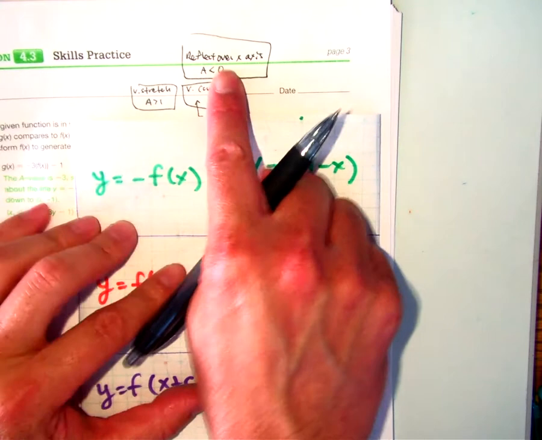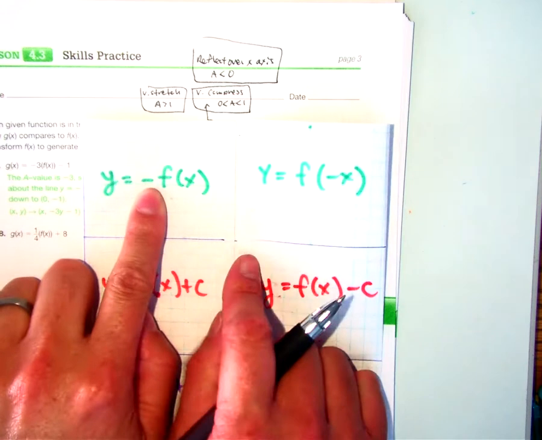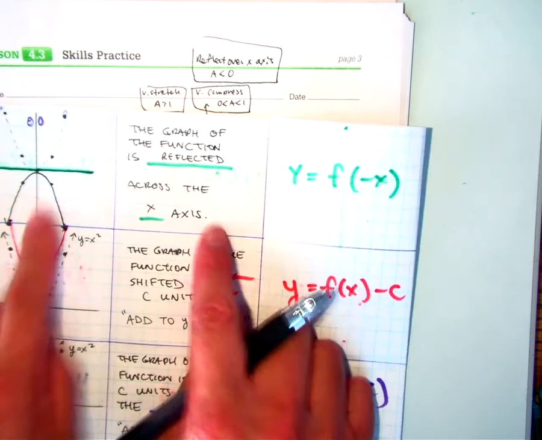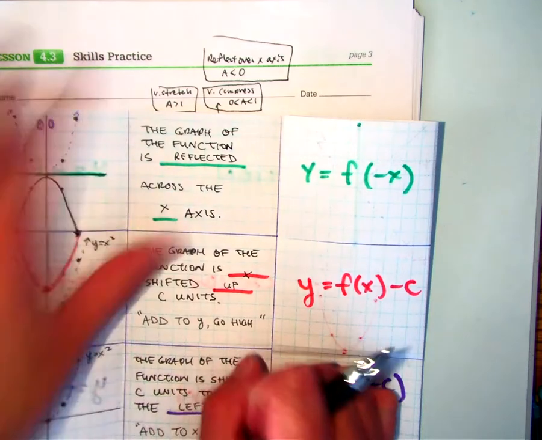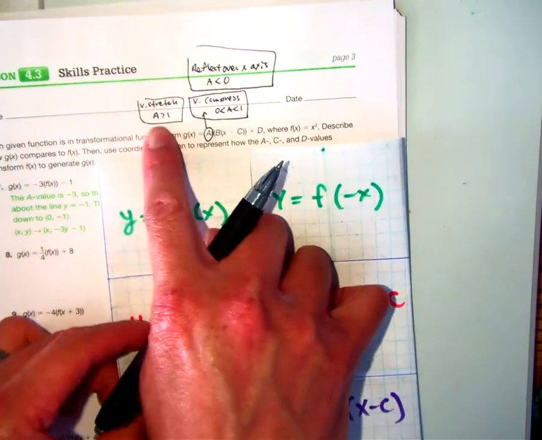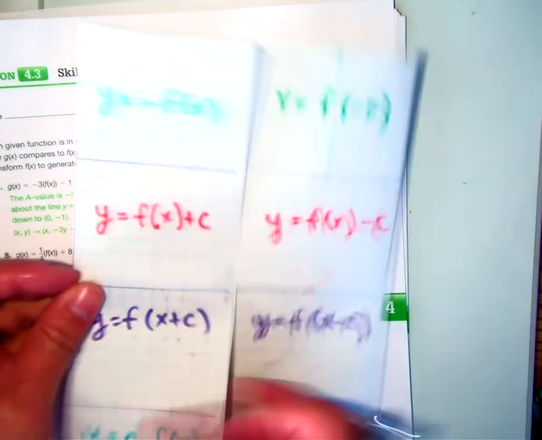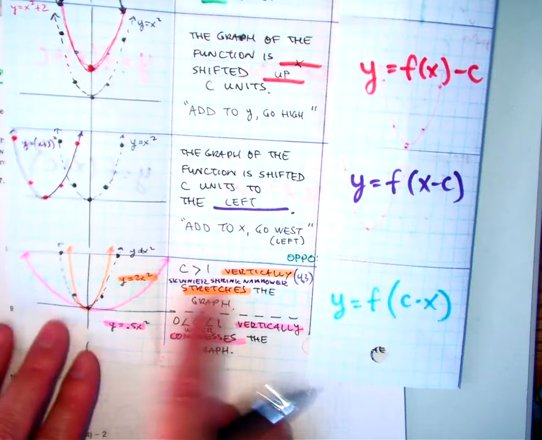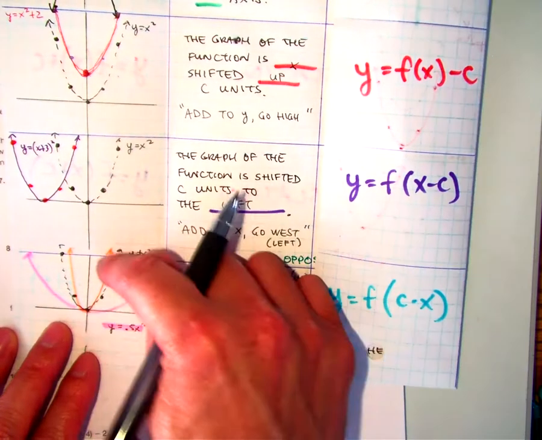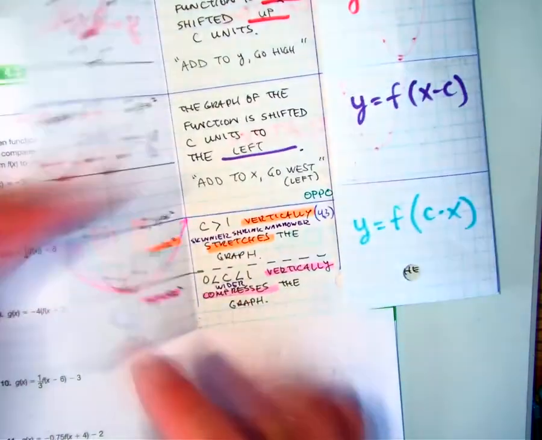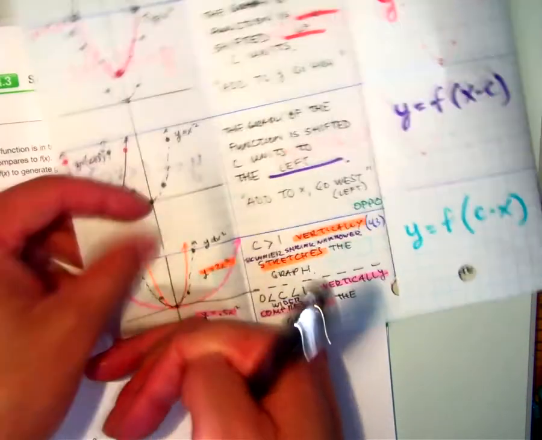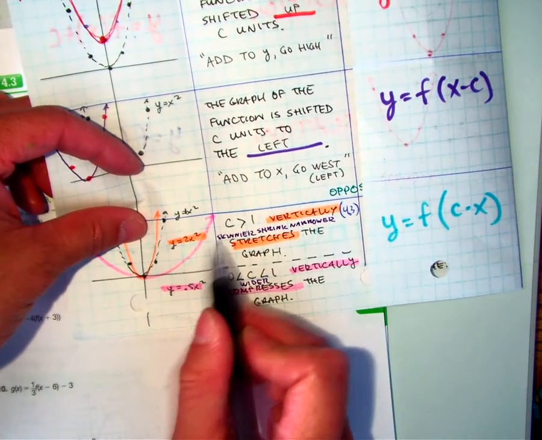So reflecting it over the x-axis, if there's a negative in front, your parent function to your new function, reflected over the x-axis. And if a is greater than 1, it's a stretch. It's being stretched up vertically. And if it's a value between 0 and 1, it's a compression, it's getting flattened. Okay? Your growth is slower. Okay?